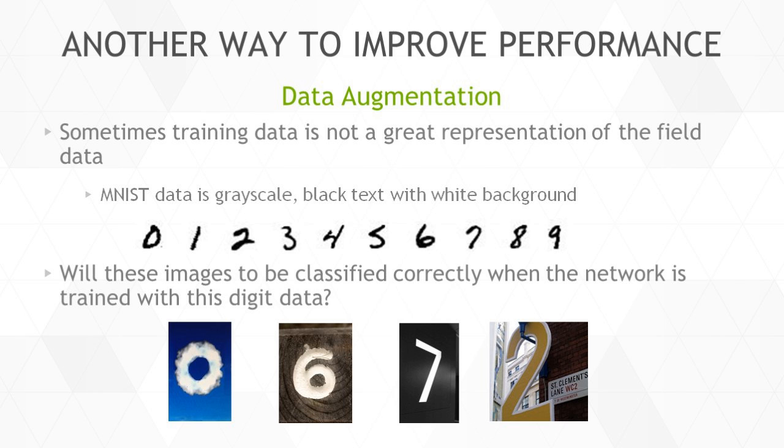So it just depends on how you want to use your trained neural network once you're done with it. Once you've got a network that's trained effectively, then you have to think about, okay, well, I trained it based on this data. Is my training data a good representation of what I want to classify?